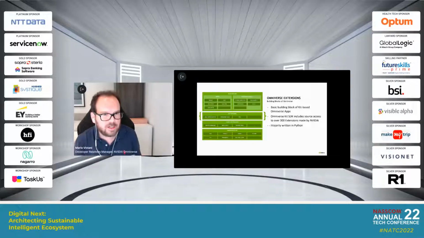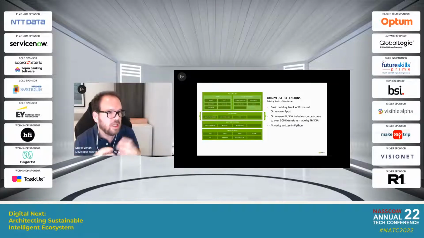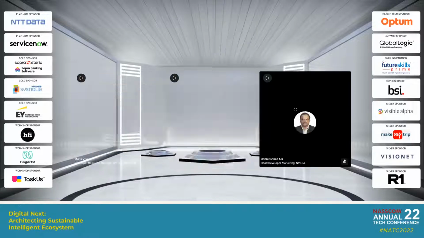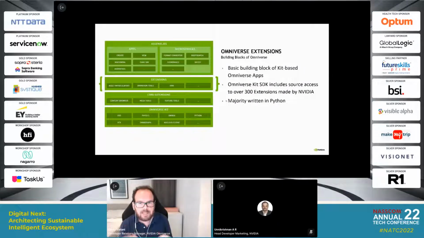We have the basic layer, which is Omniverse Kit. Omniverse Kit is a powerful SDK that contains all the main building blocks to make extensions. You have access to things like USD, the physics engine, Omni UI, which is a powerful UI toolkit. You have a Python interpreter. You have access to RTX and ray tracing, and much, much more. So Kit is very much the basic building block SDK that allows you to then generate extensions.